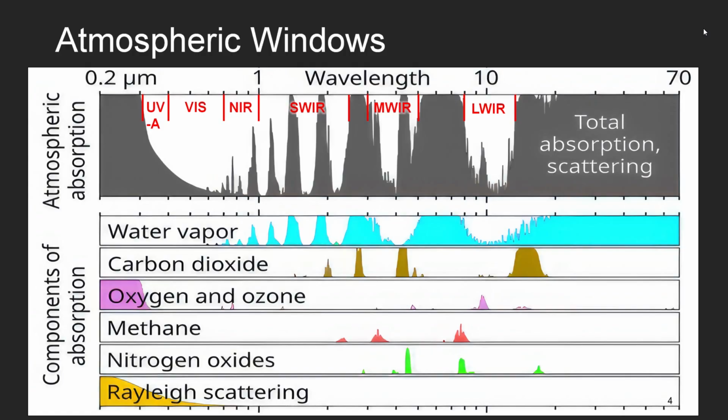Note from this graphic that pretty much all light at wavelengths above 14 microns is absorbed by the water vapor in our atmosphere, making observations at these wavelengths impossible from the Earth's surface. This absorption of far-infrared radiation is also the main contributing factor to the greenhouse effect that keeps our planet warm.